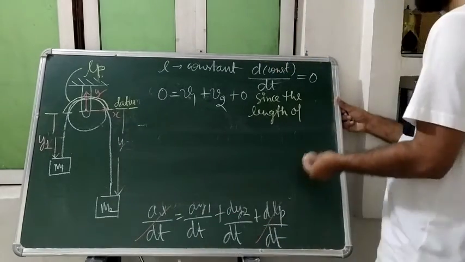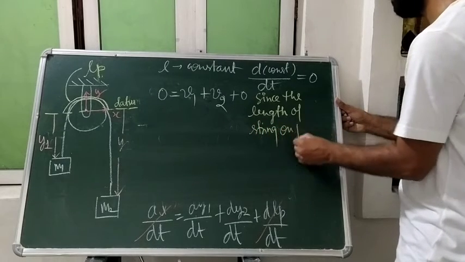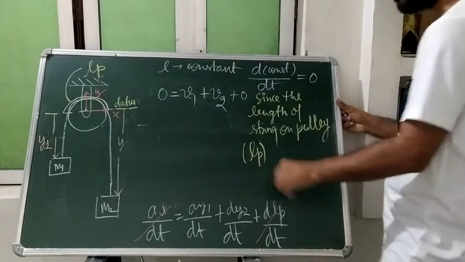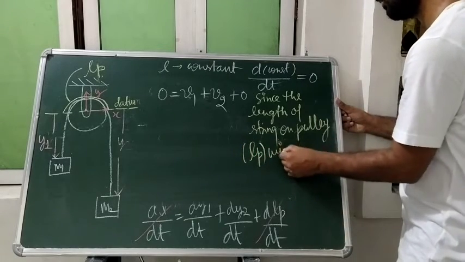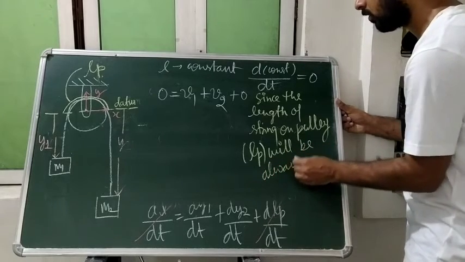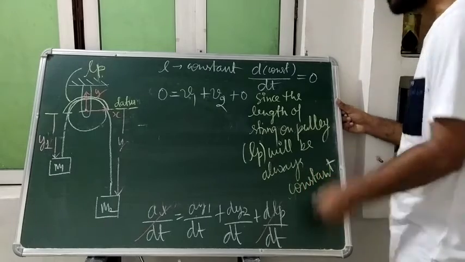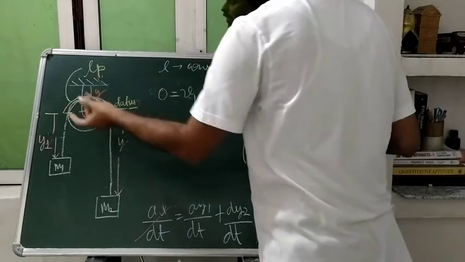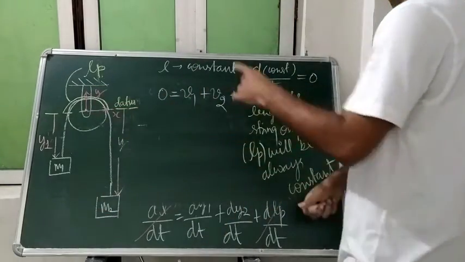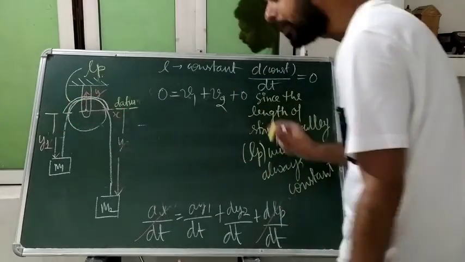Length of string on pulley, which we are denoting by LP, will be always constant. The meaning is that the same length we will get. Whatever rotation takes place in that pulley, the length of that LP is not going to change.